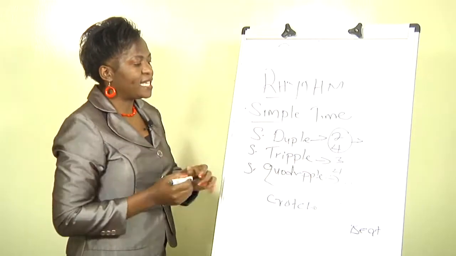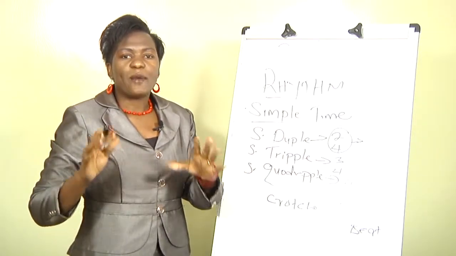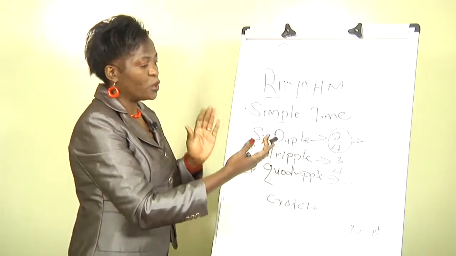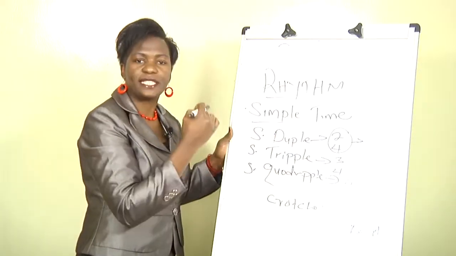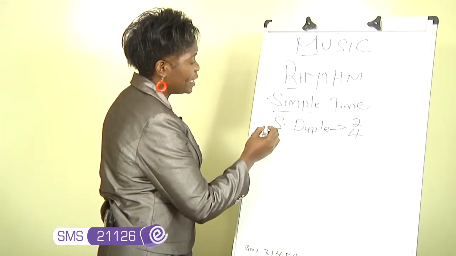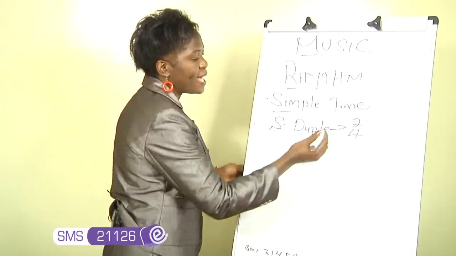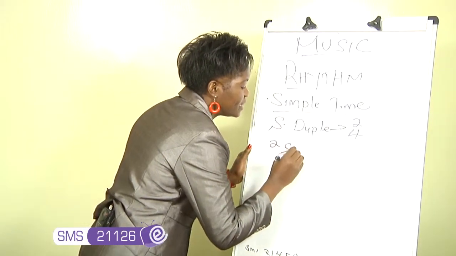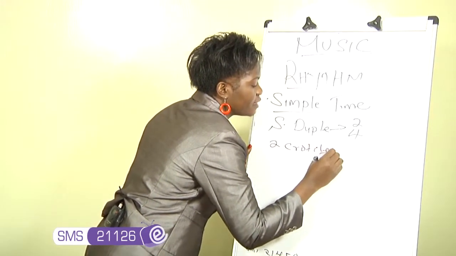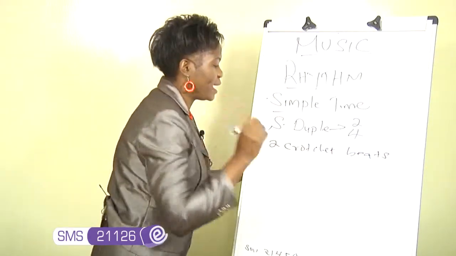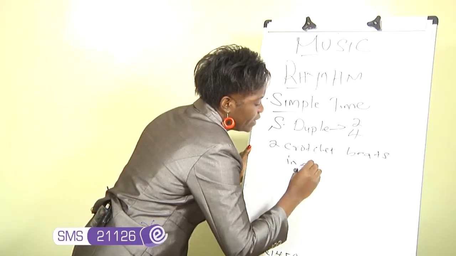It means that every bar must have a certain number of crotchets for you to make up a particular rhythm in simple time. Now, we have this simple duple time, and this simply means there are 2 crotchet beats in each given bar.